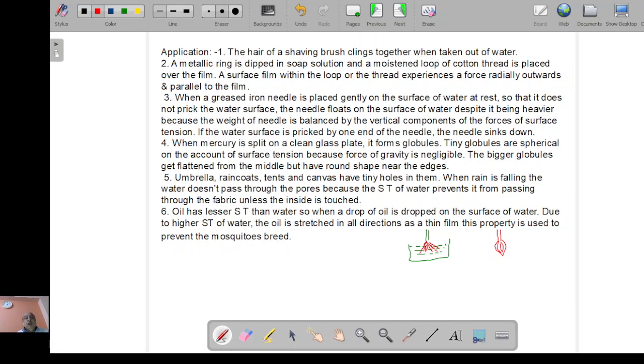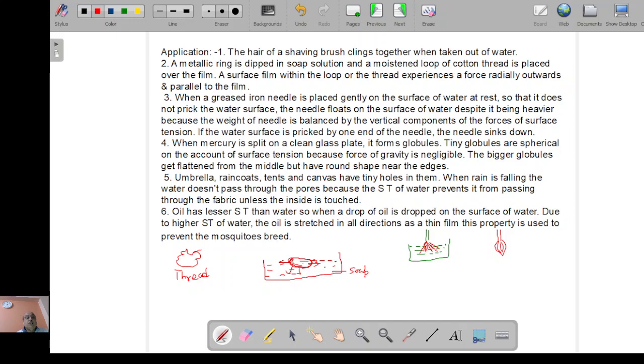Now if we have a soap solution here, and if we take a thread like this one and make a loop, this is a cotton thread, and if we dip this thread in the soap solution, we will see the thread will make a circular shape, because of the surface tension, the adhesive force will attract the molecules of the thread with the molecules of the liquid soap, and because of this surface tension the loop will be stressed.